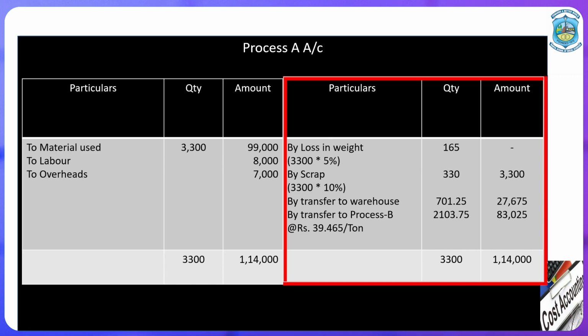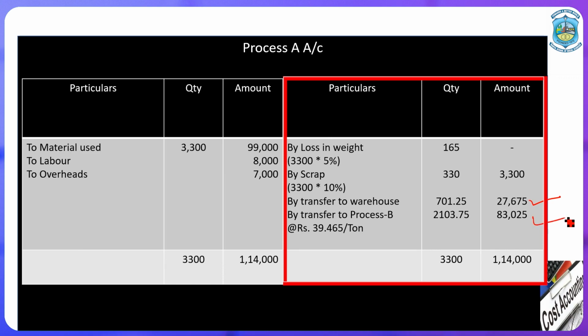So, we have calculated the value of 701.25 tons and 2103.75 tons by multiplying by 39.465. So, we will get transfer to warehouse as 27,675 and for transfer to process B as 83,025.